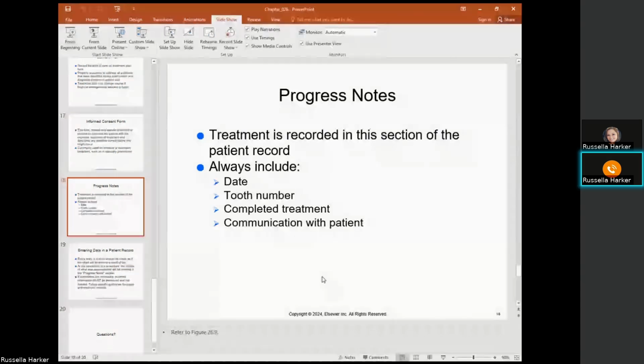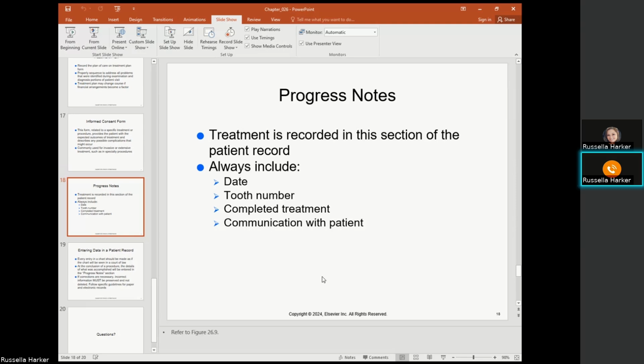It's very important that you put detailed information that you have with the patient. If you did treatment, you need to put in what type of treatment you did. You can't just put number one filling. You have to put in tooth number one, the surface, the materials you used, the type of filling that you did, how the patient tolerated the treatment, how much anesthetic you used, the type of anesthetic you used.